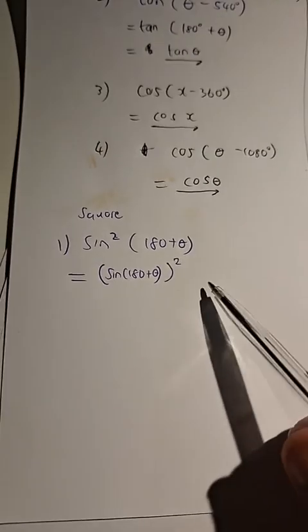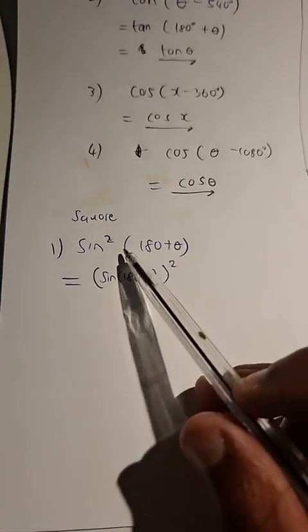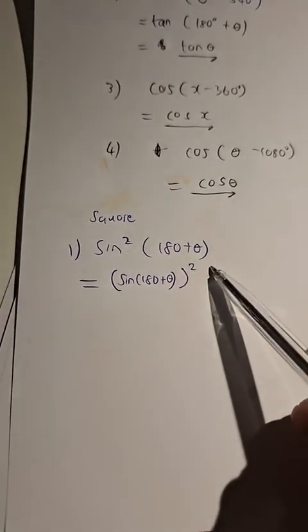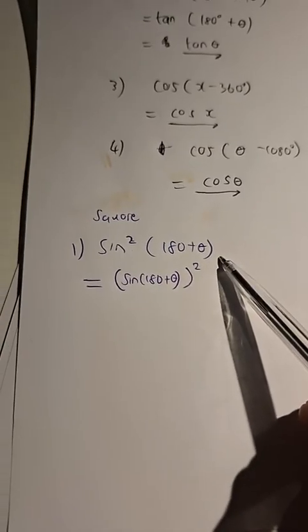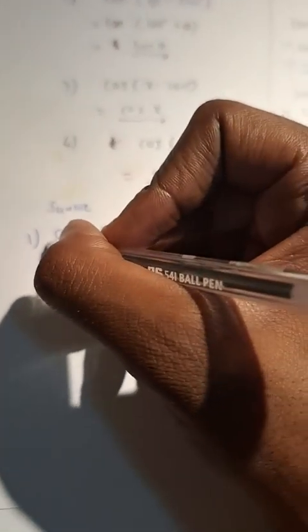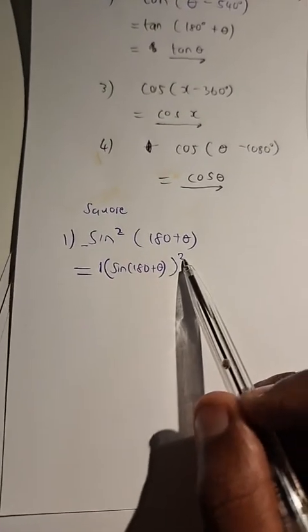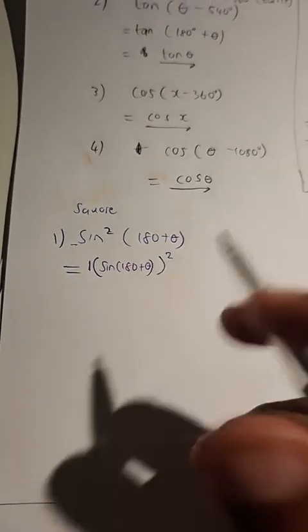What this square means is that it is squaring just the trigonometric ratio. It is not squaring the coefficient of the trigonometric ratio. So if there was a value here, the value would be placed outside of the square. Very important.